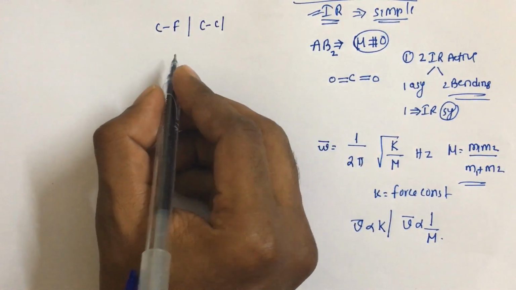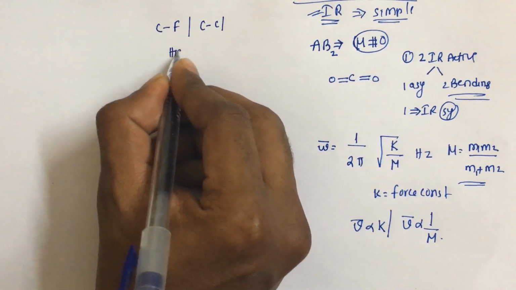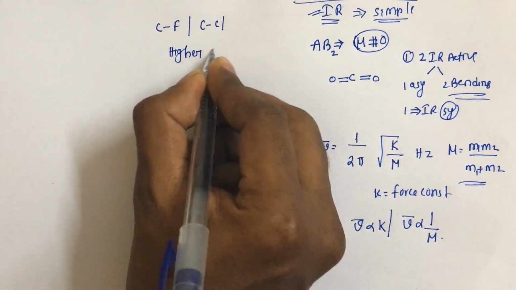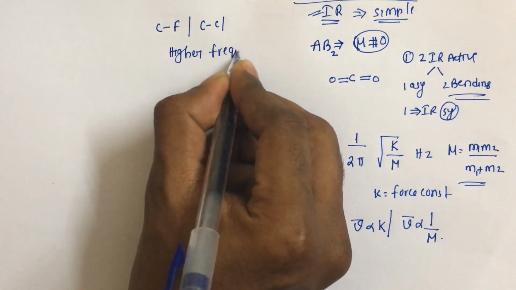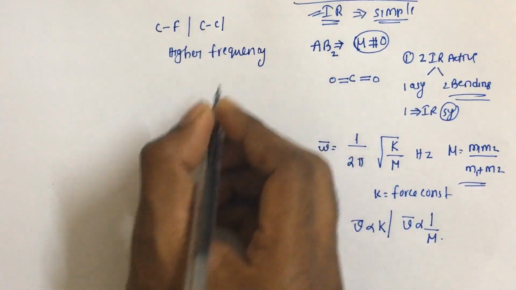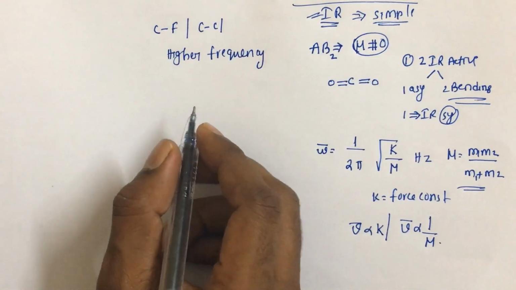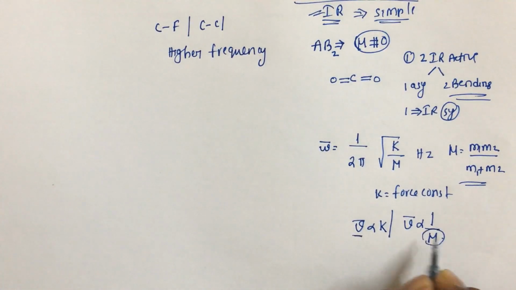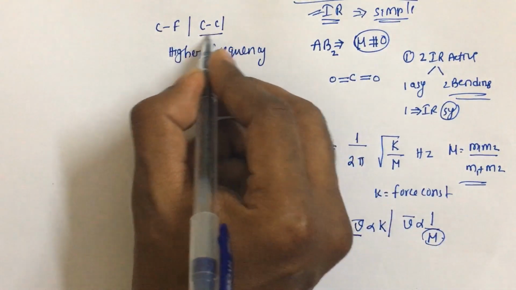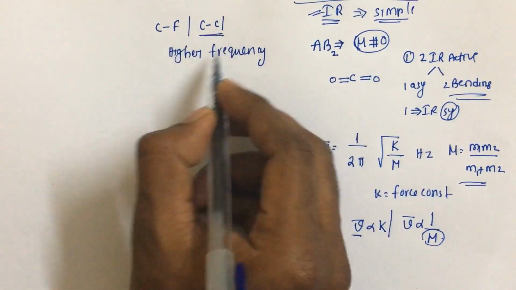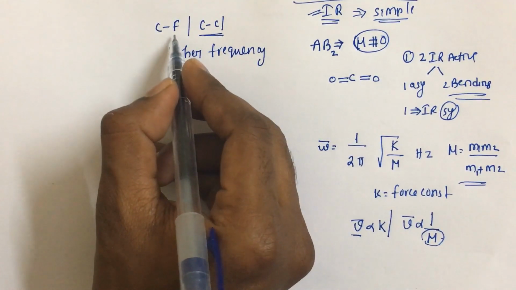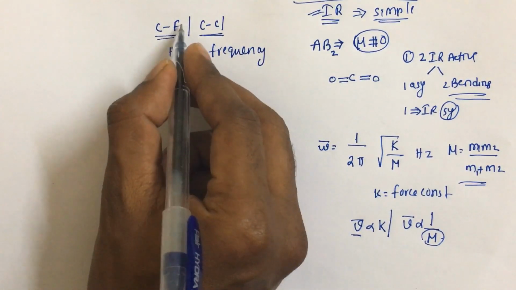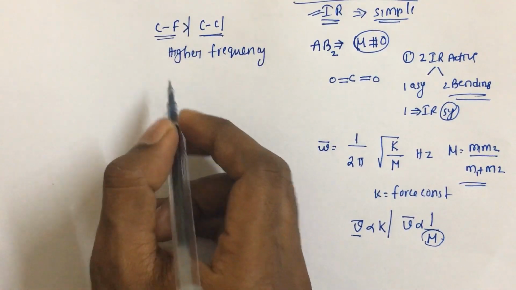Which one will have a higher frequency? Here the frequency is inversely proportional to the reduced mass, and the CCl mass is greater than the CF mass, and that's why the CF frequency is greater than CCl.